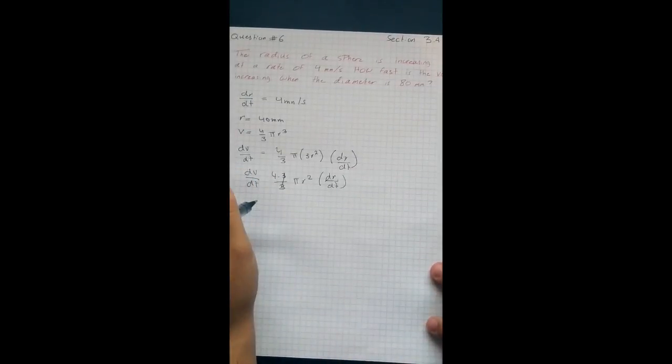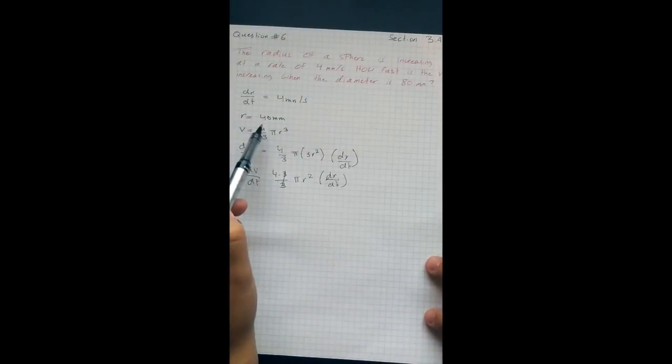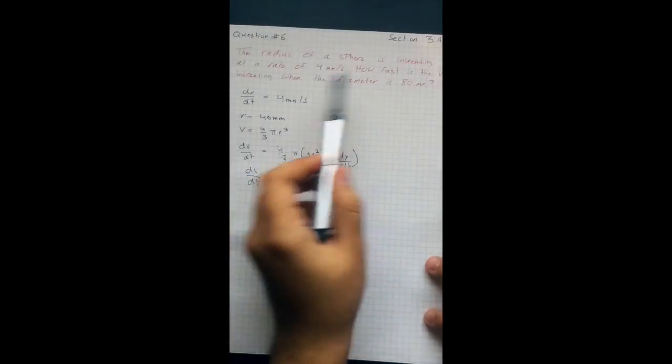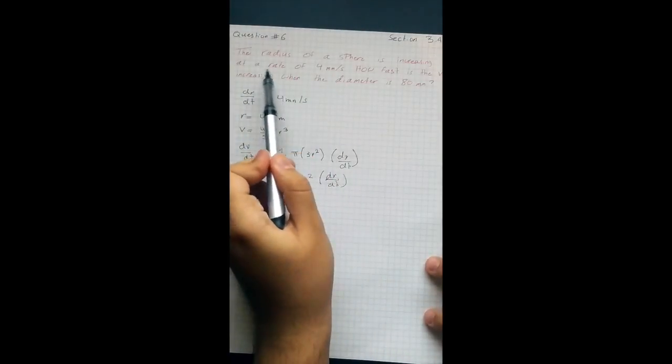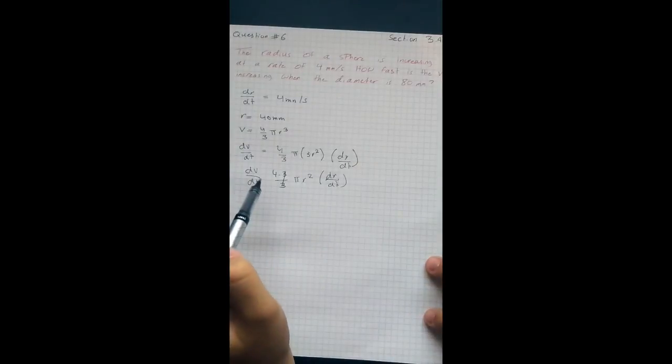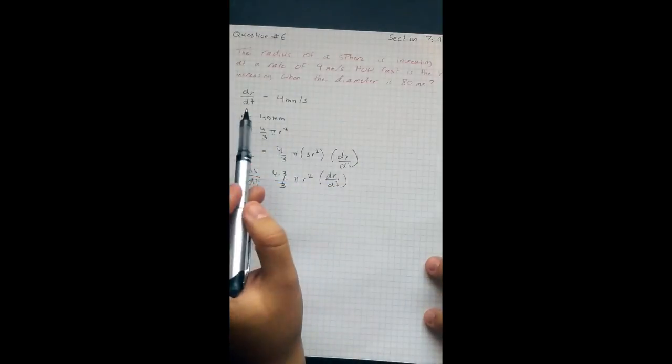Now we just plug in the given values, or we substitute them in. So we have the rate of the radius, and we're trying to find how fast the volume is increasing.